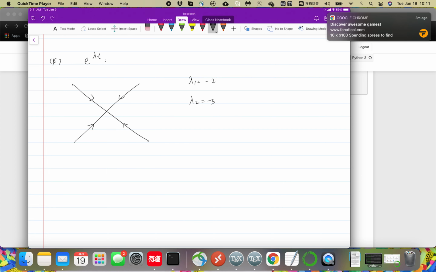That means for the same t, if this is for lambda equals negative 3, they both go left and go down, but the direction that you go to the left is going to be faster because it has a bigger eigenvalue in terms of absolute value. So this one is going to decrease faster.